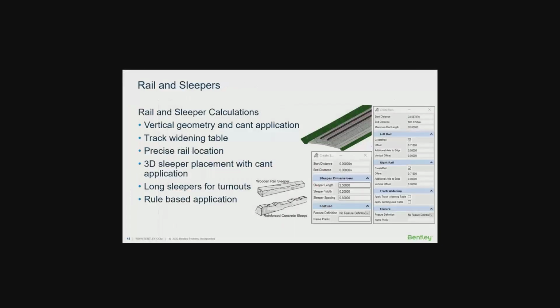Now, if you would like to be more detailed in your design, you can add rails as well as sleepers. You're not limited to just staying with the ballast and sub-ballast and then the end conditions or the cut and fill. You can also add in rails and sleepers by using some of the rail and sleeper tools in OpenRail Designer.